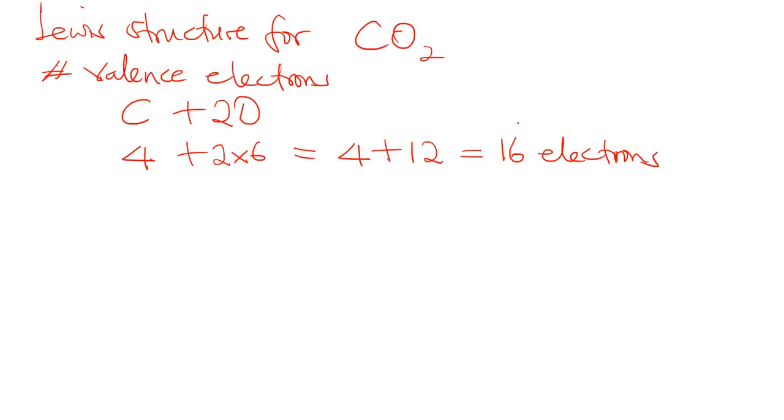Now these are the number of electrons that we need to use. Now the central atom in this case is carbon. So we are going to have carbon and then oxygen here, oxygen here.